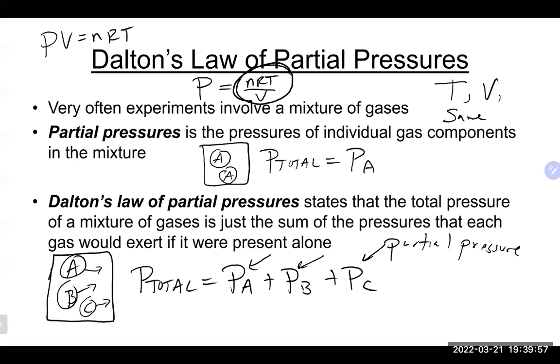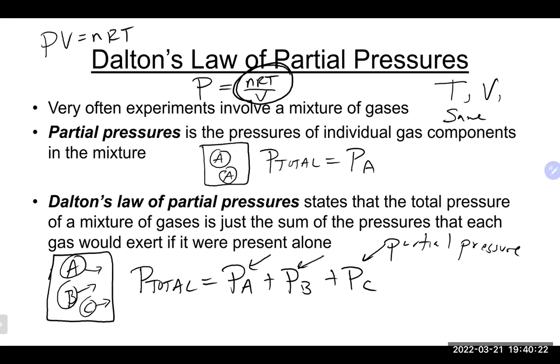R is a constant, and T and V will be the same for all the gases. So all you have to do in a lot of cases is figure out the moles of each gas. Once you have the moles, you do an ideal gas law separately for each gas. Then to find the total pressure, you simply add up all the partial pressures together, and that gives you your total pressure.